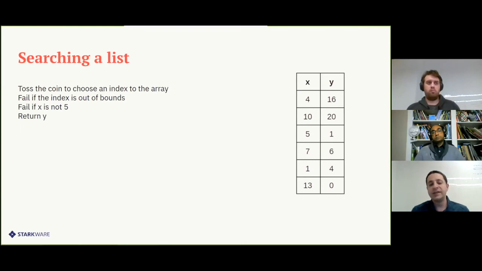Now, since we know that the coin is going to try to make sure that your program doesn't fail, we know that it's going to pick the right index. Otherwise, your program will fail. So if 5 is not in the array, then it will fail. But if 5 is there, then we know that this algorithm using these coin flips will indeed return the correct y.